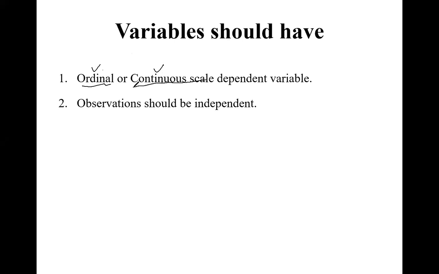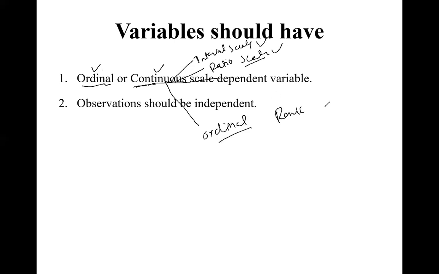But when my data is continuous, either interval scale or ratio scale, the non-parametric test converts this data into ordinal data, and it will create the rank of the data.